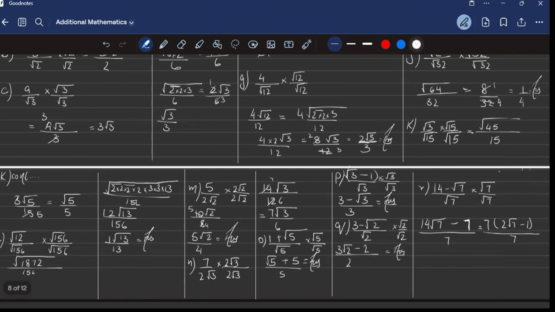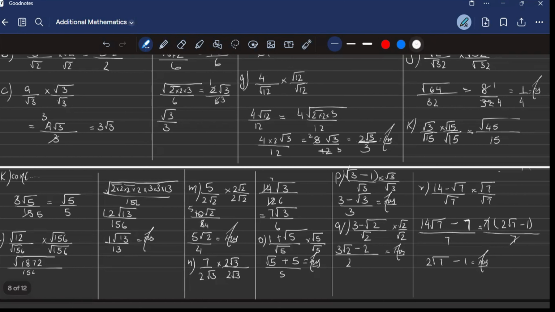Now if you multiply these two values, you would get this answer, so we are taking the common factor correctly. Then this 7 cancels with this 7, and the simplest answer you would get is 2 under root 7 minus 1. And that's your answer for part R, question number 1.